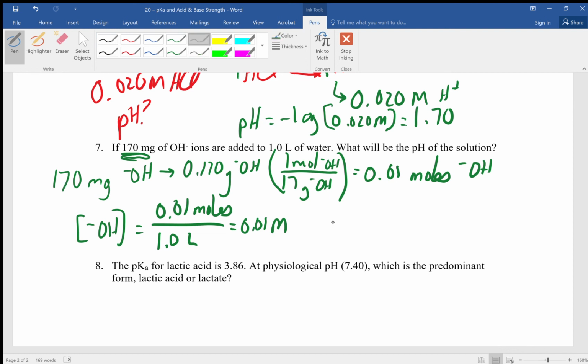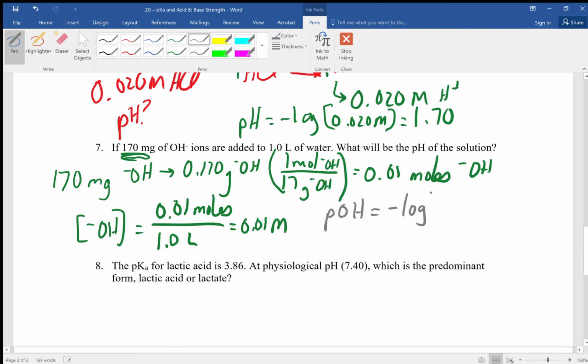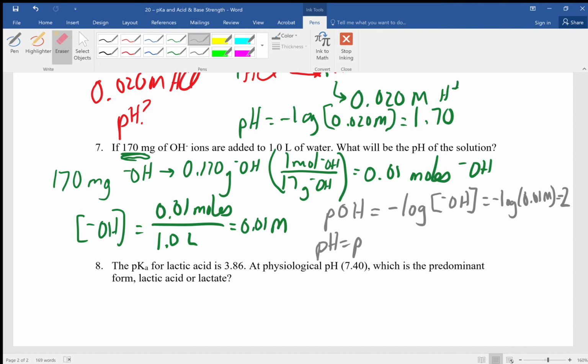So now I'm going to find the pOH. I'm going to do that because we have the concentration of hydroxide. So the pOH is equal to the negative log of the concentration of hydroxide, which is the negative log of 0.01 molar, and that's equal to 2. pH, remember, is, pH plus pOH is equal to 14.